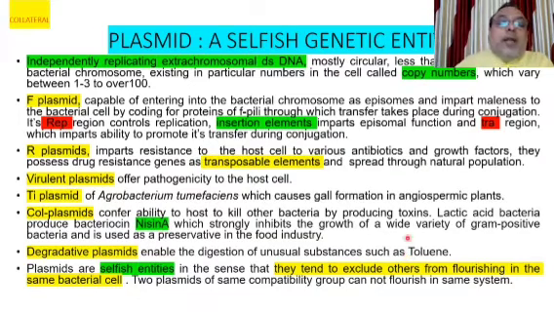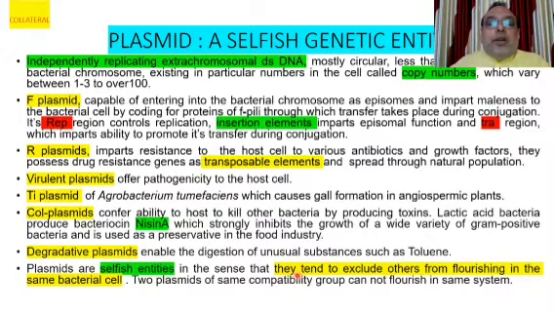Now, let us deal with the selfishness of plasmids. This is very important because once a plasmid sets its foot in a particular cell system, it inhibits the entry of another plasmid.